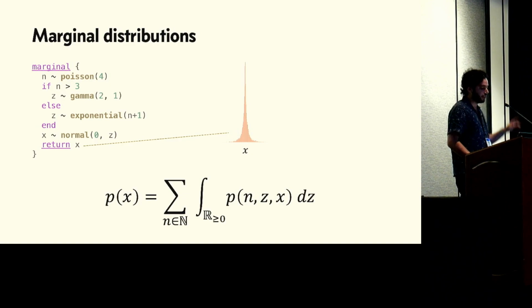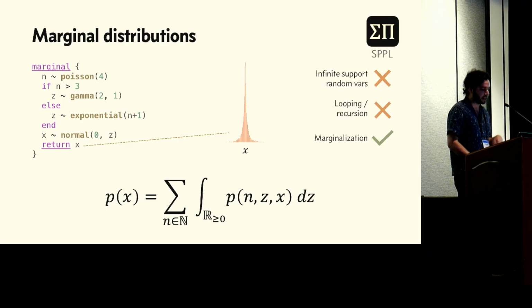Now, even though these marginal distributions are very useful, their densities are often difficult to compute because we have to sum or integrate over all possible values of these n and z variables that we're marginalizing out. That's why languages like SPPL that support marginalization as a first-class feature have to restrict other features to ensure that these sums end up being finite and tractable to compute.